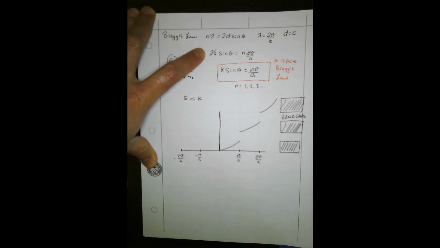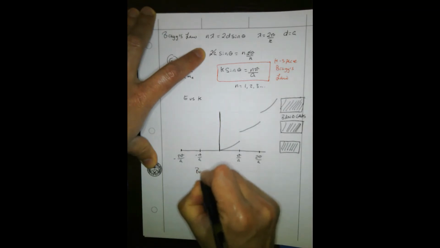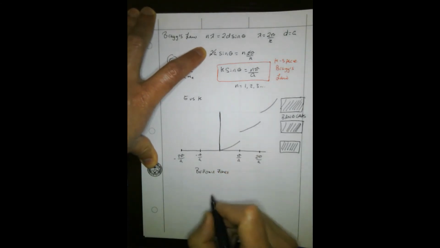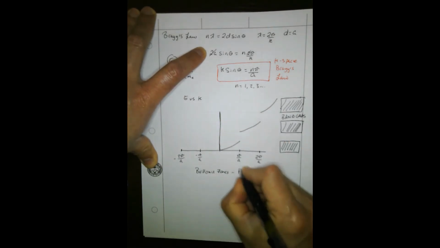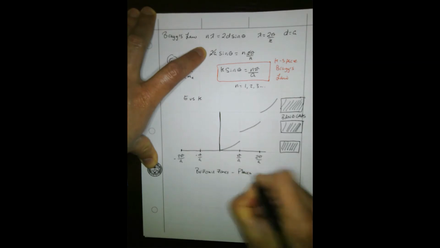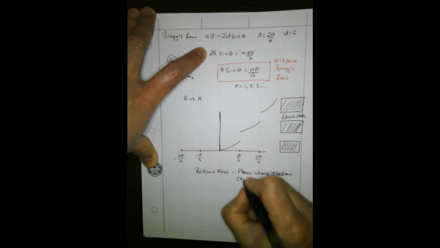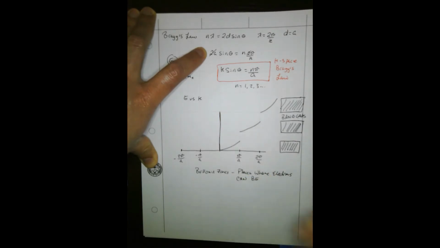The first thing I want to talk about is that the spots where electrons can exist are called Brillouin zones, places where electrons can be.